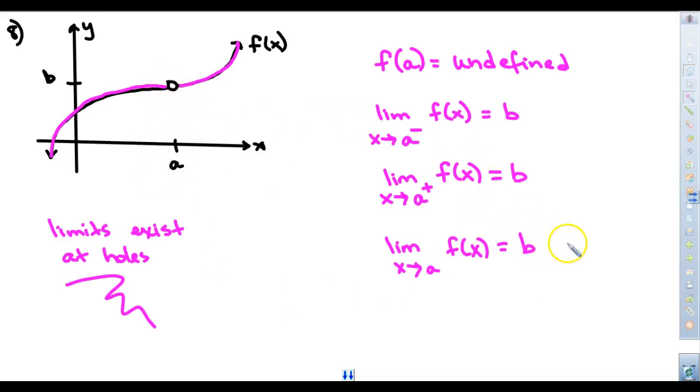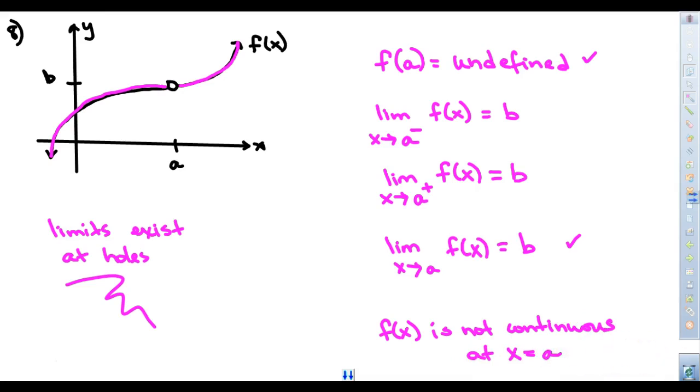Well, your limit as x approaches a is b, but f of a is undefined. Remember, if this number right here is not the same as this right here, then f of x is not continuous at that point. It can be continuous at other points, but not at that point.